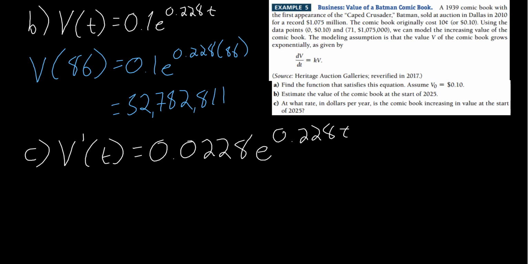And we want to know at what rate in dollars per year the comic book is increasing. So we just have to replace that t with an 86. So V prime of 86 is going to be equal to, oh my goodness, okay, so 0.228.